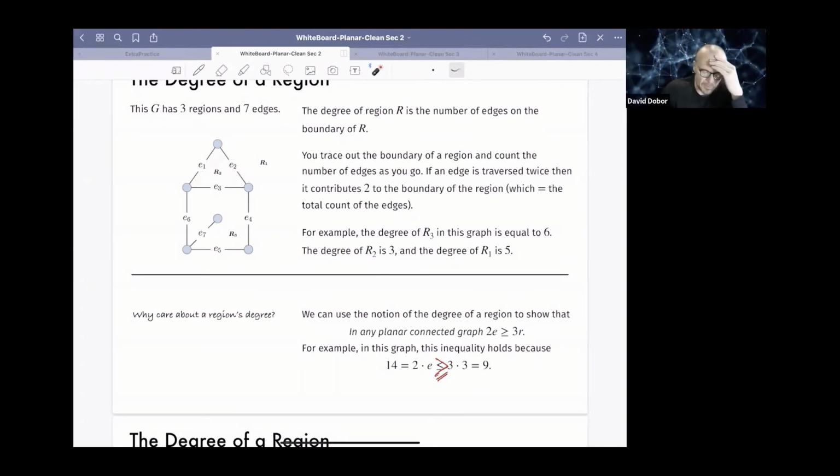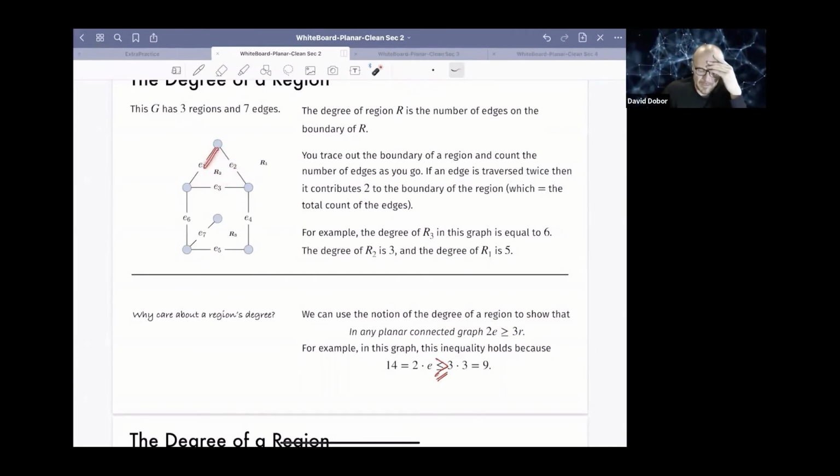If I just have 2 edges, either like this or like this, they don't enclose a region. So I need at least 3 edges to enclose some region. The number of edges that I need to traverse in order to enclose a region completely is called the degree of that region. So for example, this region R2, what's the degree of it and why?